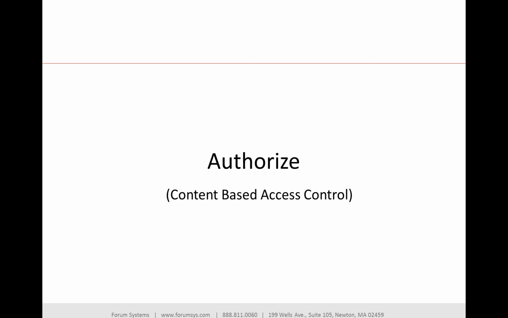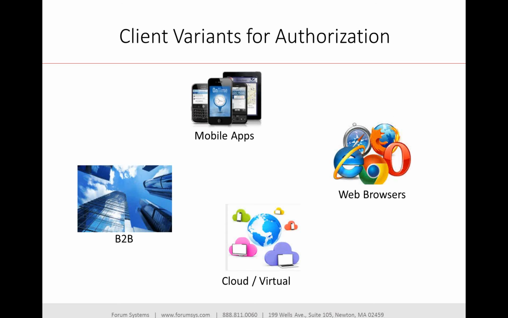It's based on the information that's within requests and responses that are coming in and going out of the environment and infrastructure. And there's a lot of different variants of client technologies and consumers that we have to consider in terms of authorizing what information is allowed and what isn't.